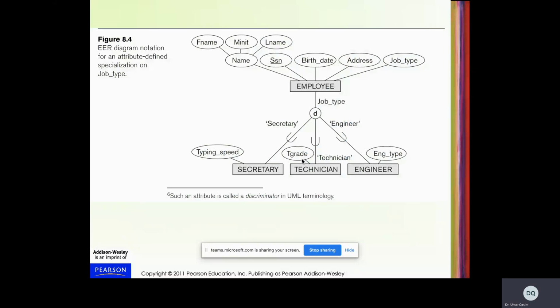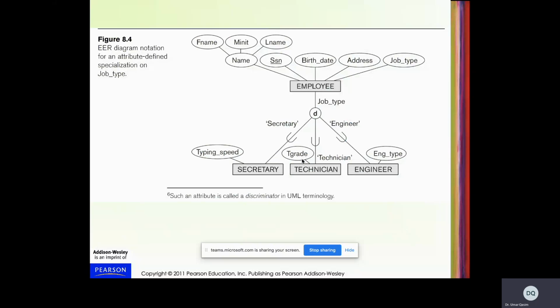Here you see that an employee would be either a secretary, a technician, or an engineer. It won't be the case that an employee is two of them or three of them, that he is also serving as a secretary and also serving as a technician.